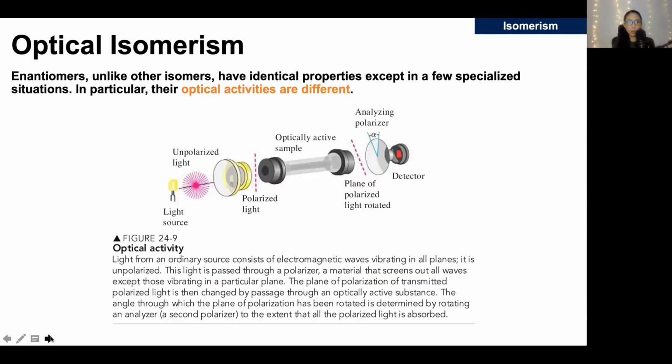Okay? So, what does it have to do with optical isomerism? From the name, optical, it has something to do with light. Unlike the previous isomers that we have discussed, with enantiomers you have two molecules with the same attachment of atoms, but they are mirror images, non-superimposable, so they are two different molecules.